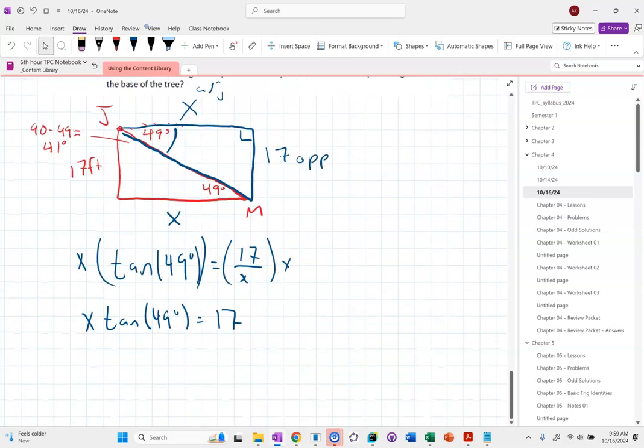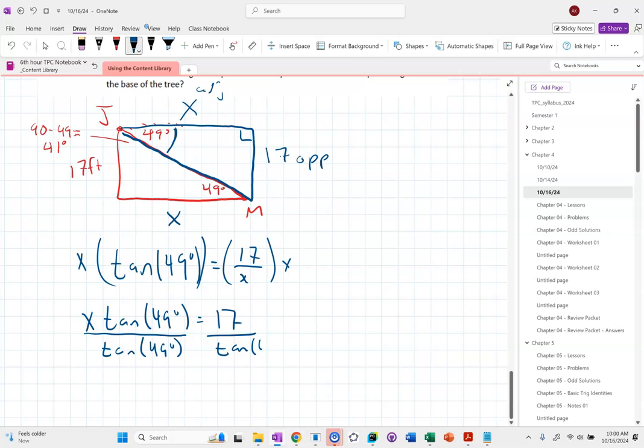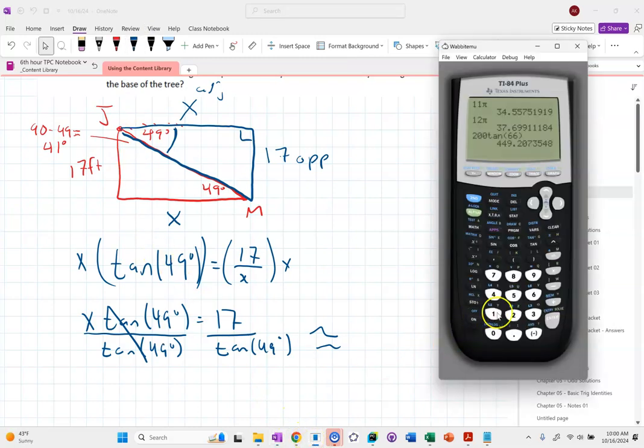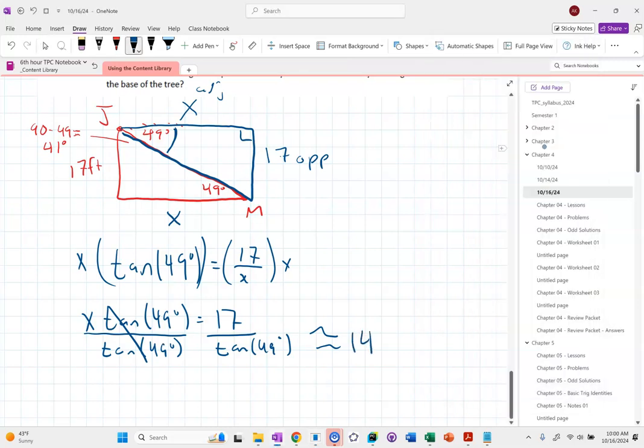And then to get the x by itself, I need to divide both sides by tan 49. And now it's just calculator time. So I know that I just changed my mode back to degree mode, so I don't have to worry about that. So I have about 14.8 feet.